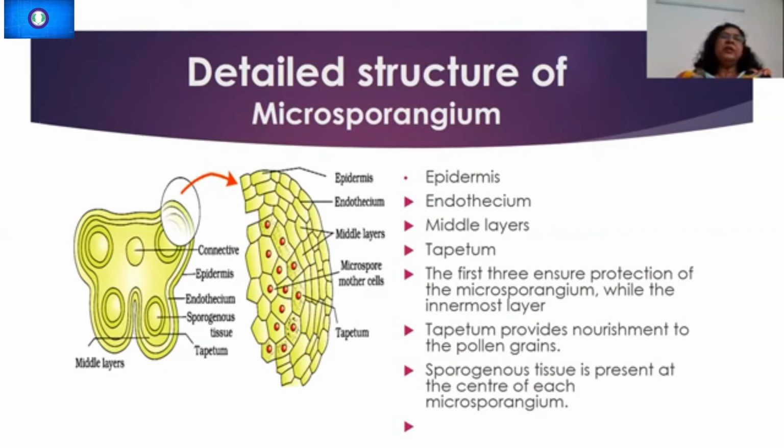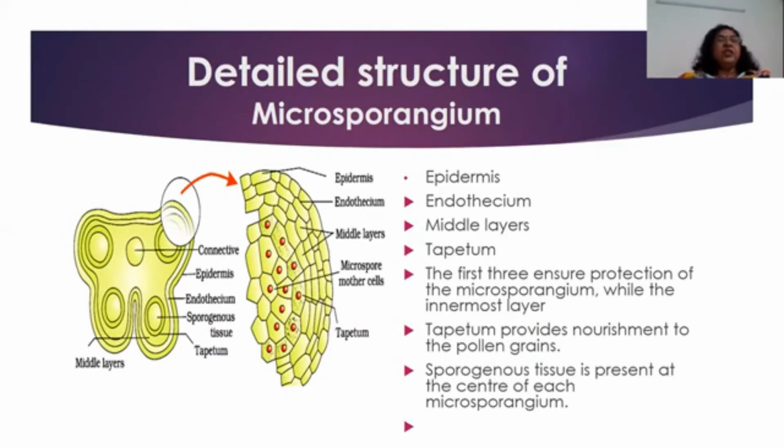The middle layer, it is 2 to 3 layers thick, and it also helps in protection as well as in adhesion. The last, that is the tapetum, is the 4th layer and the innermost layer with dense cytoplasm and many nuclei. It provides nourishment to the developing pollen grains.